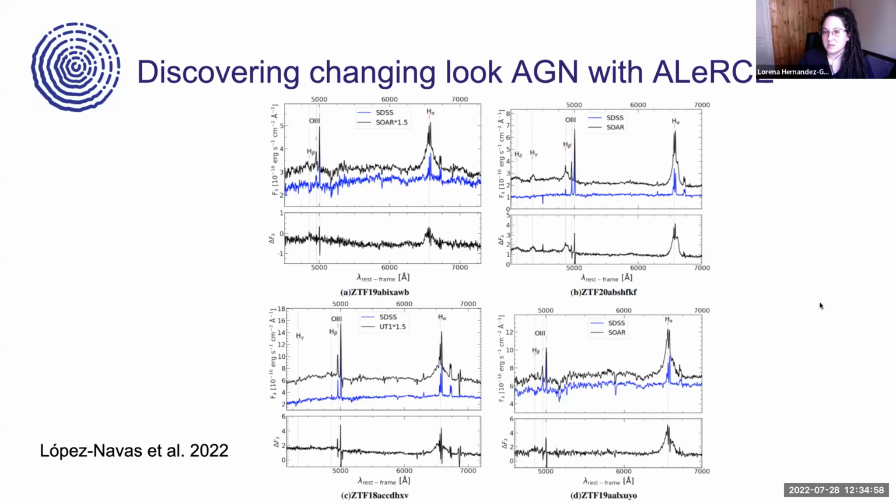And from those 6, these 4 that I show here have broad lines in the spectra from SOAR. So we can classify them as changing look AGN. So as you can see, Alerce is good to select sources through variability.